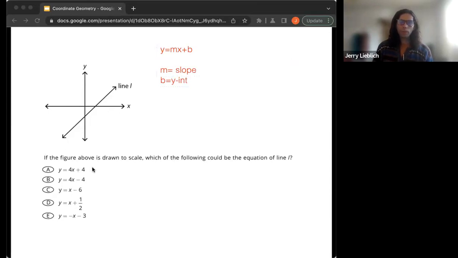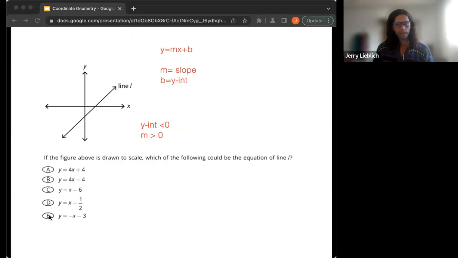And so we want to look at this with an eye towards process of elimination. So looking at this, I notice my y-intercept is negative and my slope is positive. In a very rough way, that's what I see. So let me see what I can get rid of first.